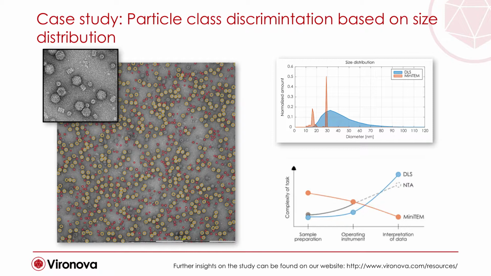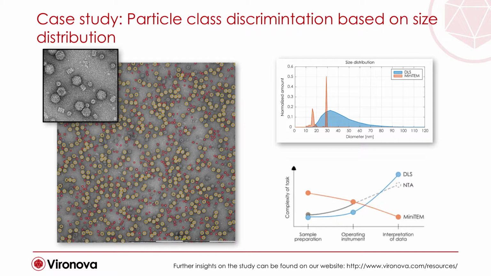Not only that, but we can also see a peak corresponding to smaller particles. If we dive into the images, we can see these small red marked particles, which are proteasomes, and which were not seen at all by DLS, but can be resolved using electron microscopy, in this case MiniTEM.